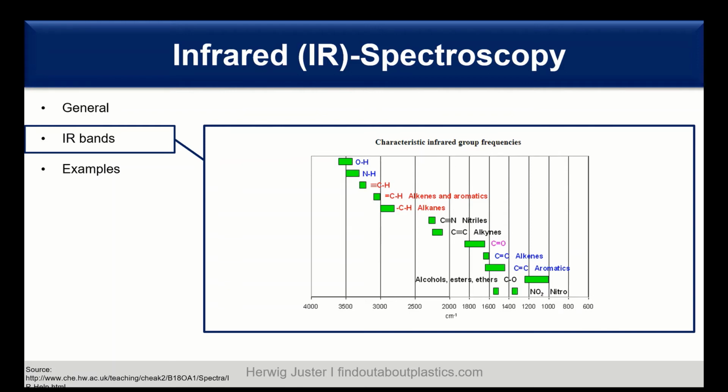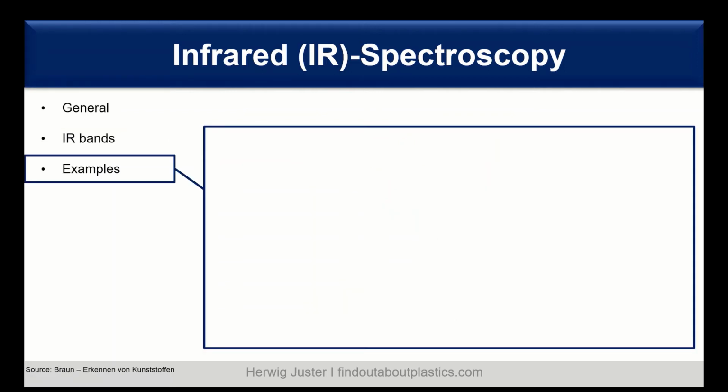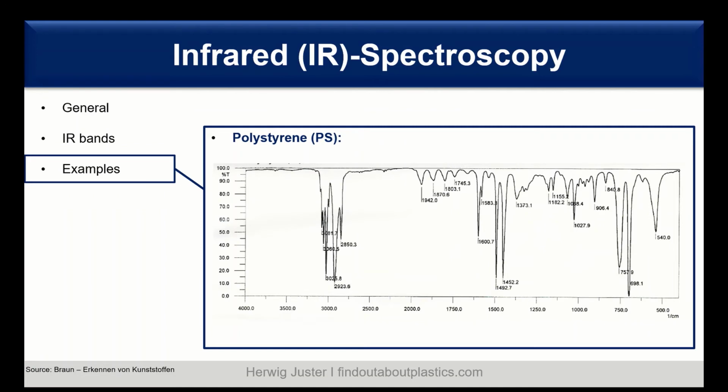And to better understand that now, I brought here examples. I would like to start with polystyrene, amorphous plastic. And here you see now such an example. So on the x-axis we have the wavelengths, the wave numbers, and on the y-axis the transmittance.